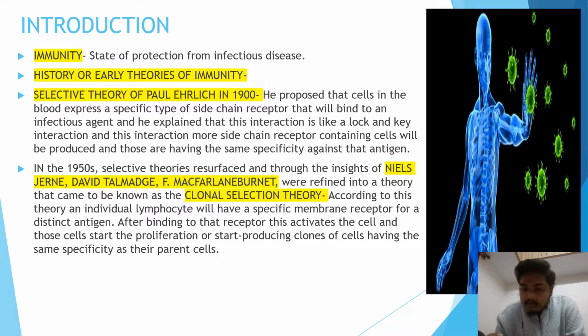When the cell containing the antibody binds with that antigen, the cell will be activated and will proliferate. When it proliferates, it divides more and expresses the same antigen-specific antibody, and the cells produced are called clones. So clones of cells are produced after the activation stage.